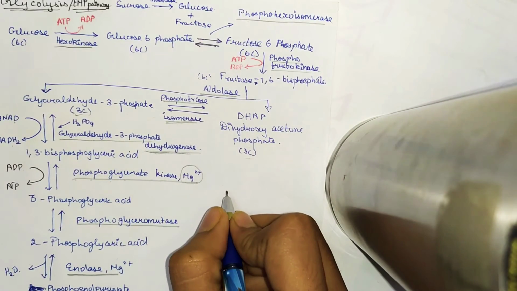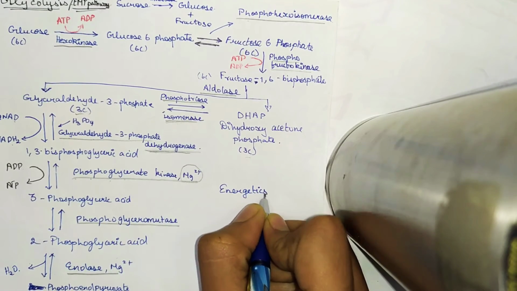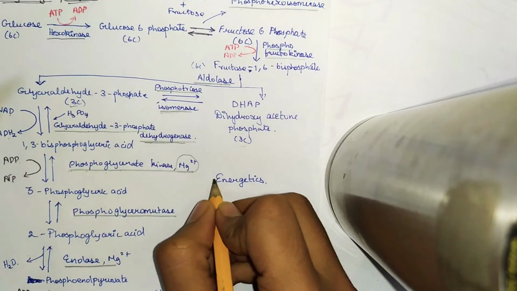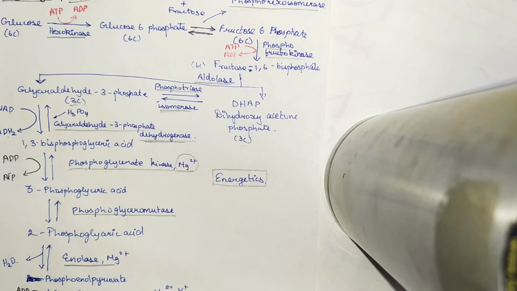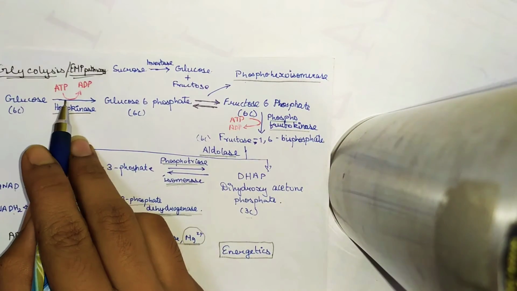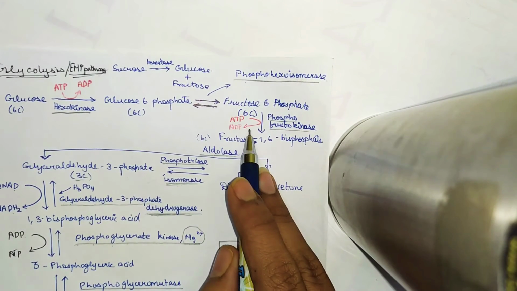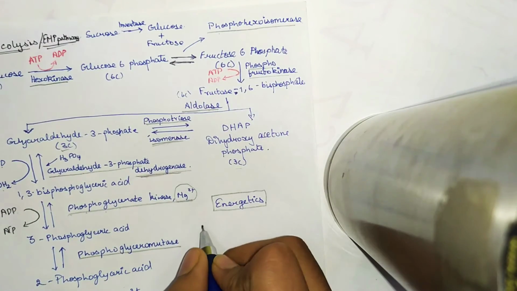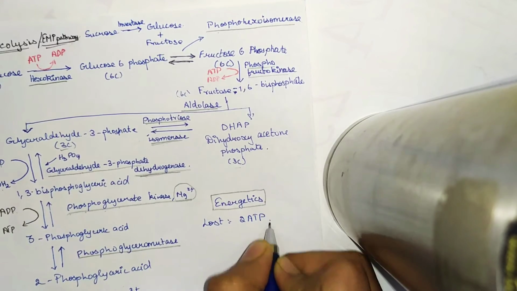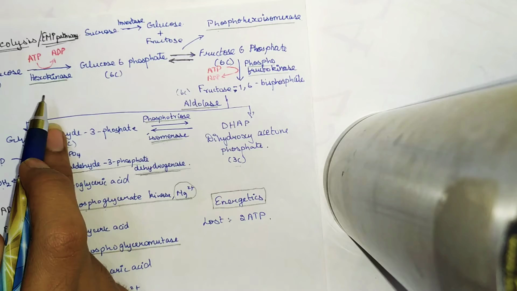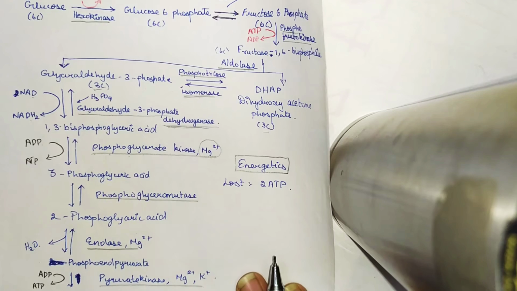Now coming to the energetics. This is important. In the first step we are losing an ATP, and in the third step we are again losing an ATP, right? So lost equals 2 ATP. And coming to the most tricky one, how many are we gaining? Friends, let's count them.